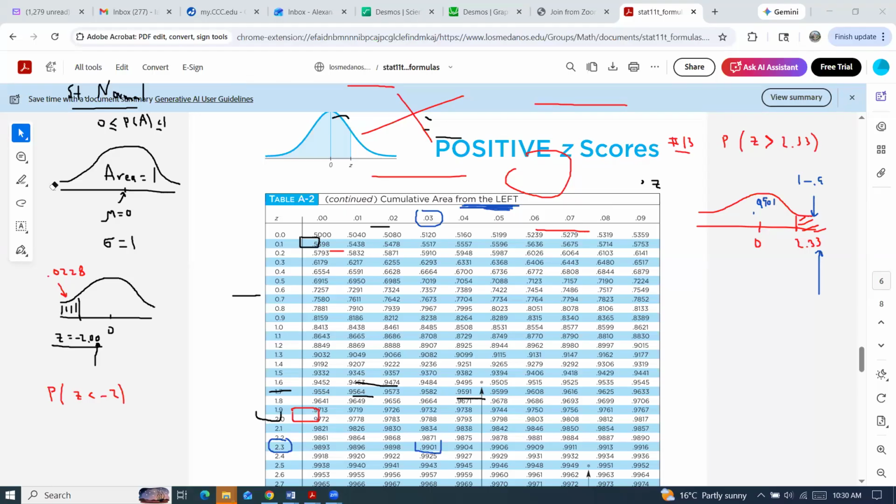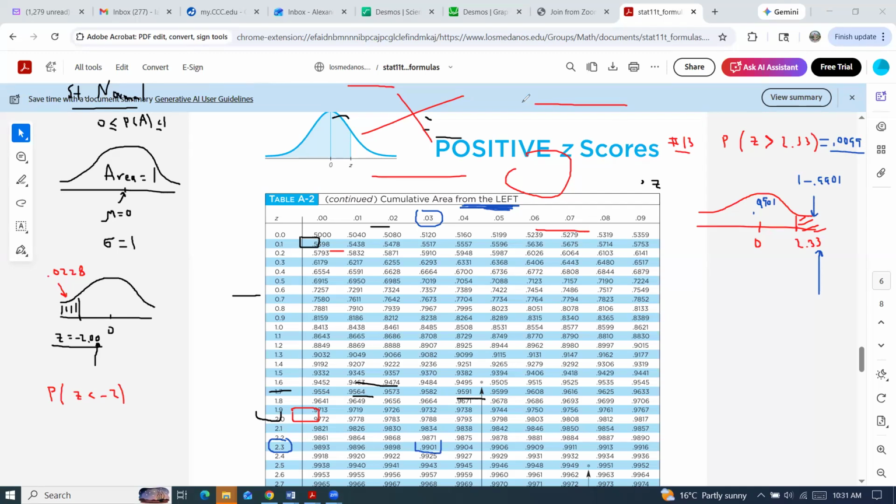So the sun appeared here. So I subtract 0.9901, just like that, and see what my answer equals to. And looks like the answer is going to be 0.0099. I say, oh, that's pretty low. That's less than 1%.